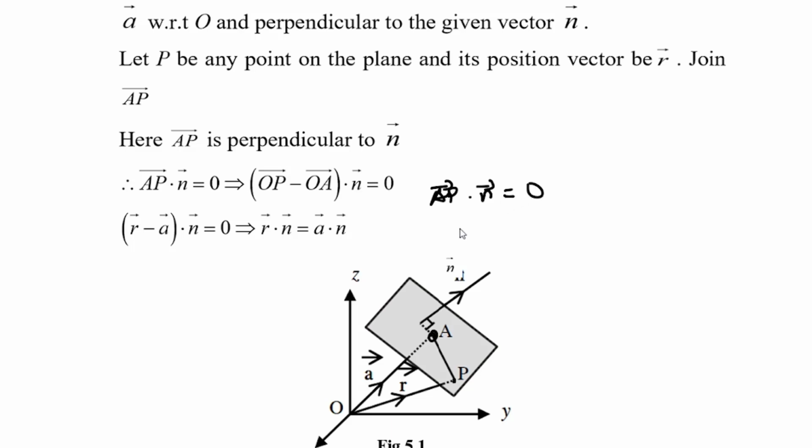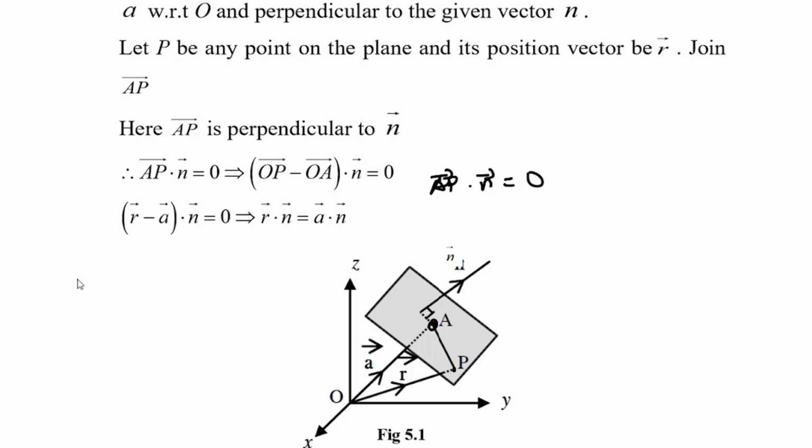From our previous lesson, the dot product of two perpendicular vectors is equal to 0. So if you have vector AP dot the normal N, which is perpendicular to the plane, then the dot product between these two will give us 0. But we know already that AP is the same as OP minus OA, all dot N equals 0.